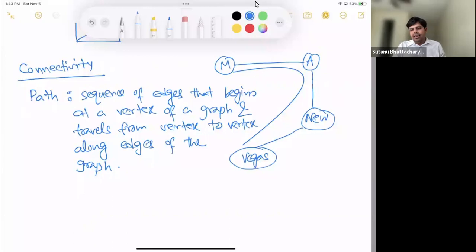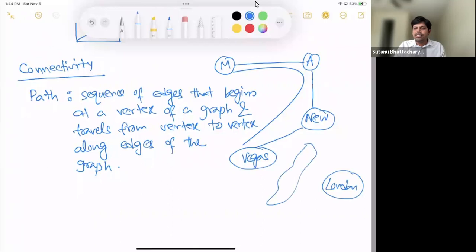But a path would start from a point, then you will go from vertex to vertex up to the destination. Suppose your destination is Vegas, your source is Montgomery, and there is a path. Now you may think Vegas to London. There is no land path, right? There is an ocean in between.